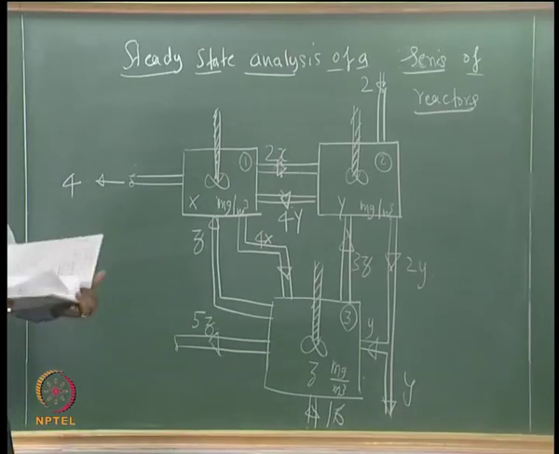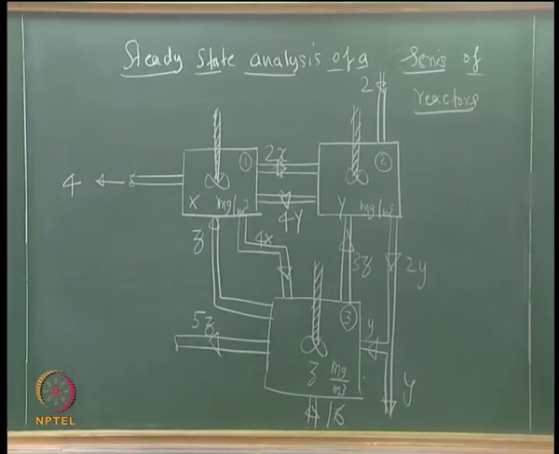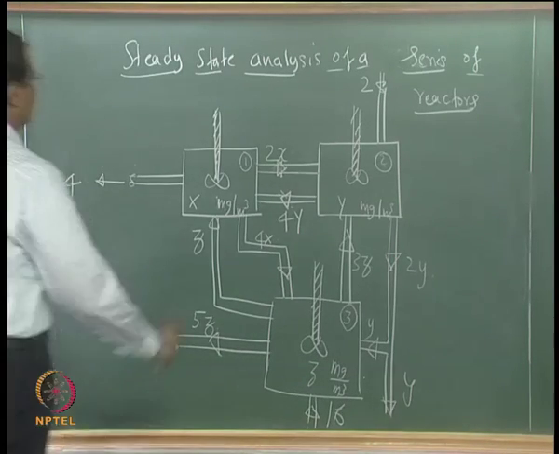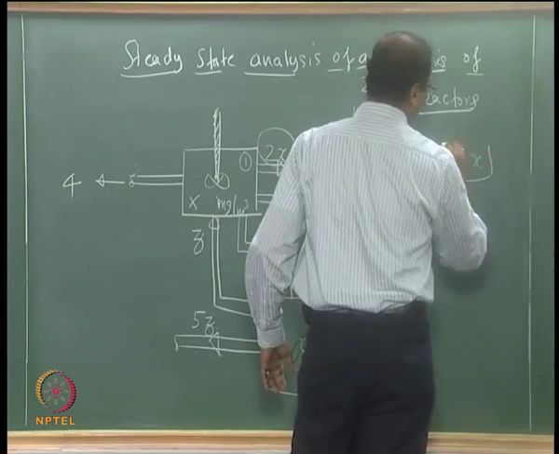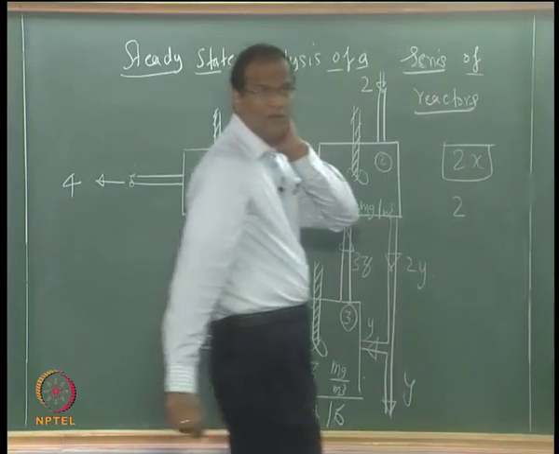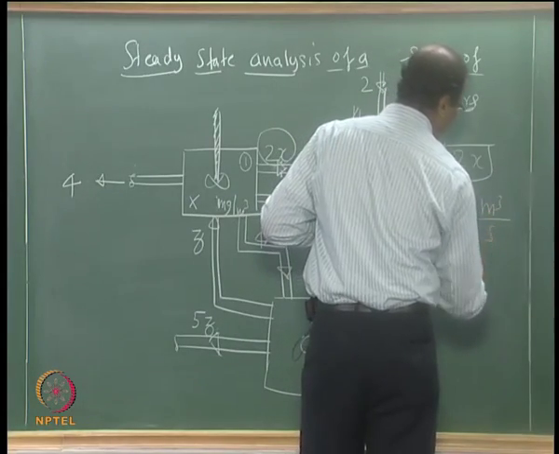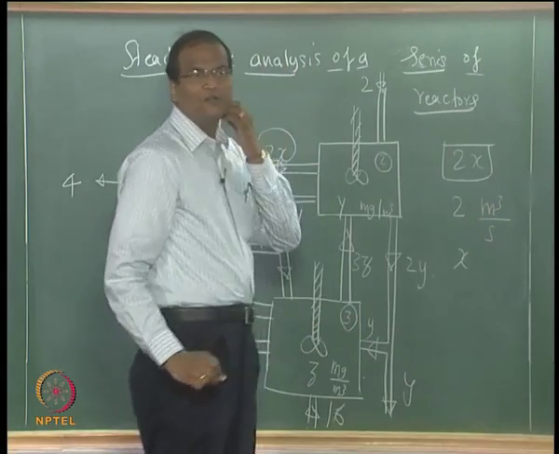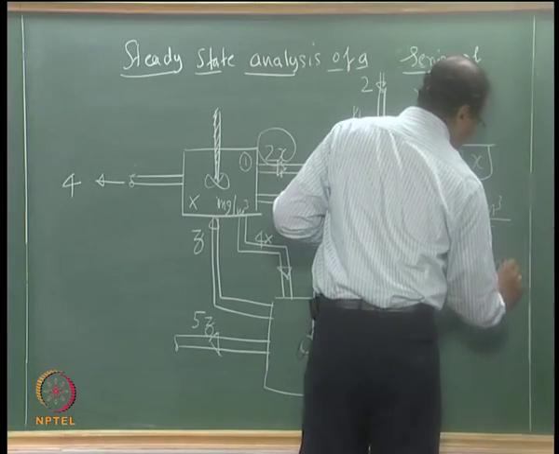That is 16. So for example this one, what is 2 meter cube per second, x will be milligrams per meter cube.